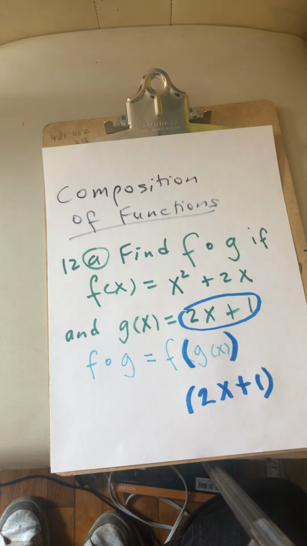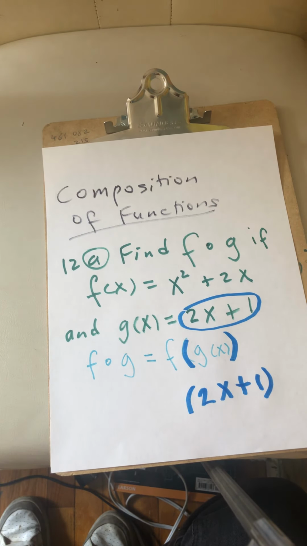So again, that's what composition of a function with its inverse does. It brings you back to the identity function. Here is an example that I did in class. Let's do it again.